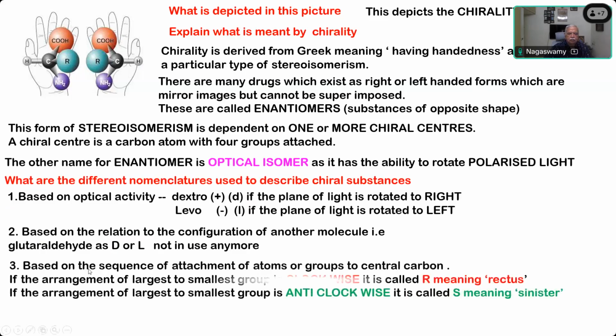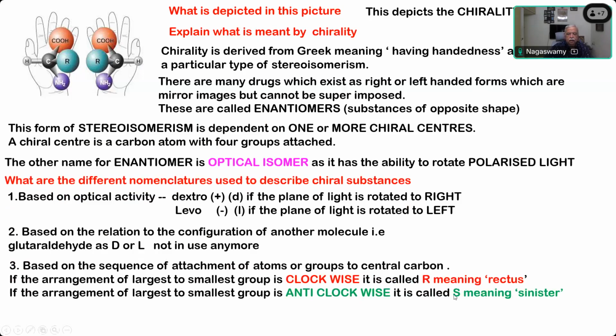The third common method is based on the sequence of attachment of atoms or groups to the central carbon. If the groups attached are arranged from largest to smallest in clockwise manner, it is called R, meaning rectus. If they are arranged largest to smallest in anti-clockwise direction, it is called S, meaning sinister.